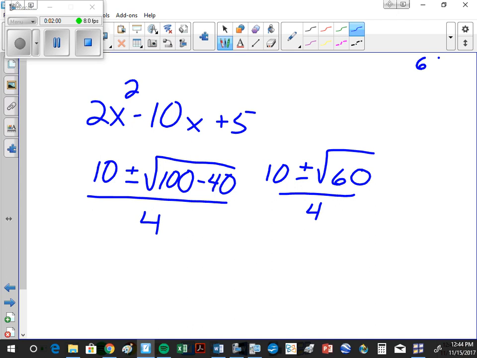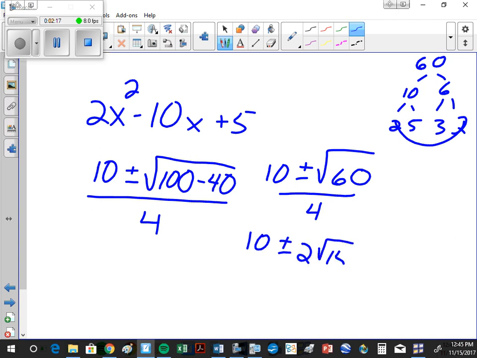And we factor tree 60: 10 and 6, 2 and 5, 3 and 2. I can take out a pair of 2's with a 15 left over. So 10 plus or minus 2 root 15 over 4. Now I can cancel out a 2, and I get 5 plus or minus the square root of 15 over 2.